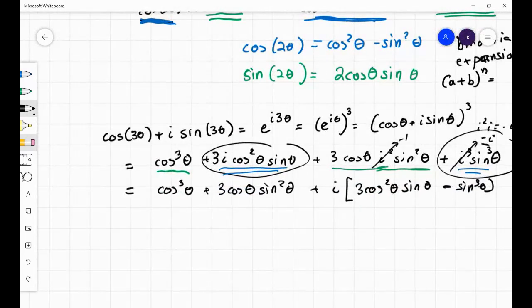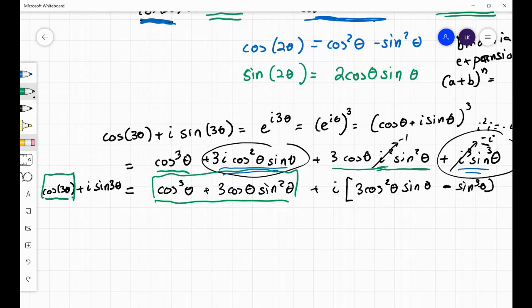And so that should be equal to what we originally had. And then we know that we can equate the real parts to each other. So cosine of 3 theta, we derived an identity where we can rewrite it in terms of just cosine theta and sine theta.